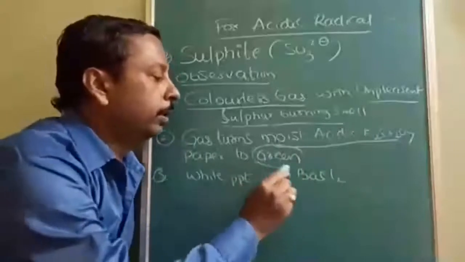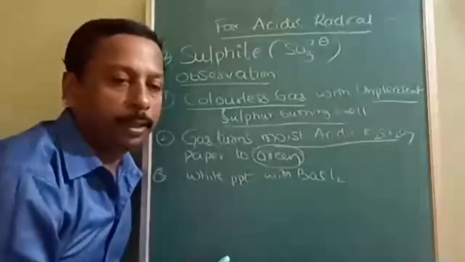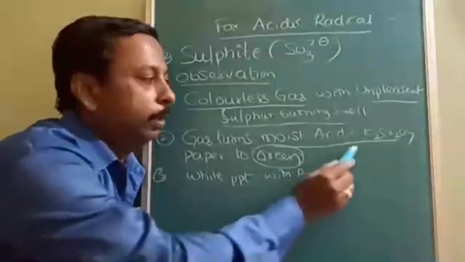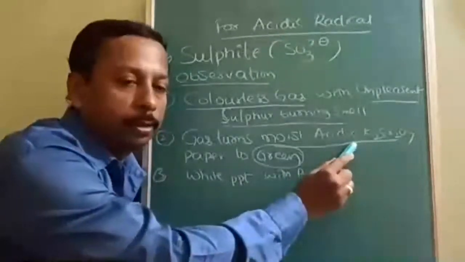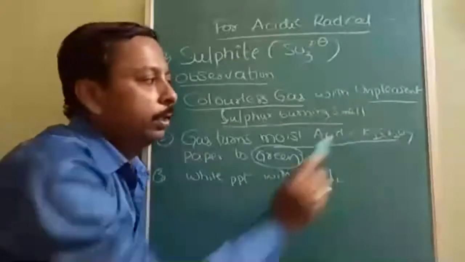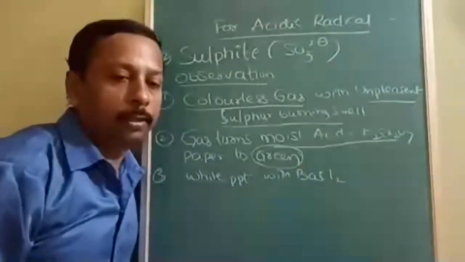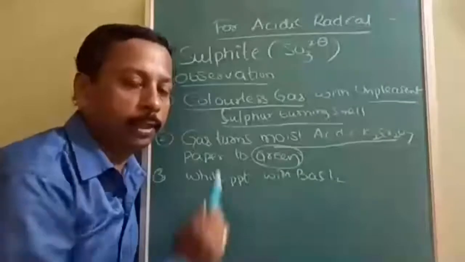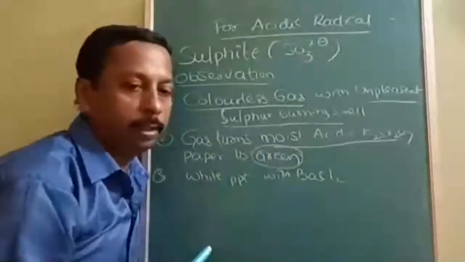Like in the previous case, where it was turning milky with calcium hydroxide, that is lime water, but now K2Cr2O7 is there. There it was milky white; here it is a greenish color.